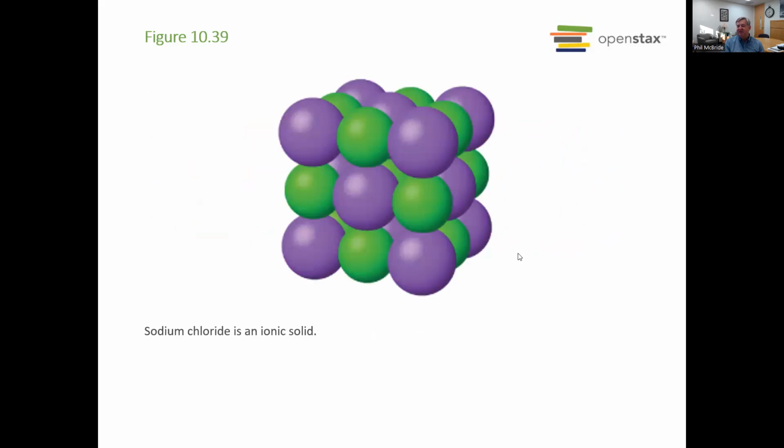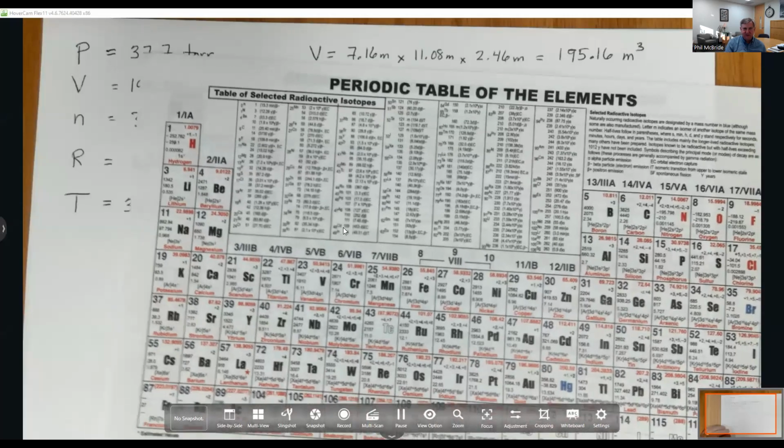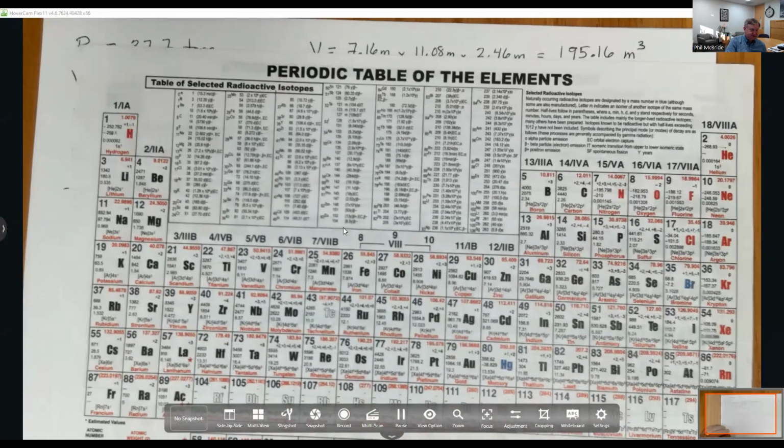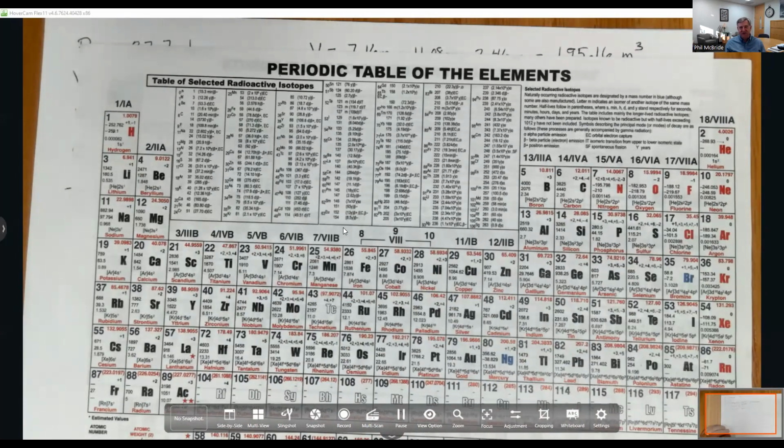So here's a picture of sodium chloride. Think of the sodium as, or which one is larger, sodium or chlorine? So here's our periodic table. Here's sodium on the left, chlorine on the right. Which is larger, sodium or chlorine?